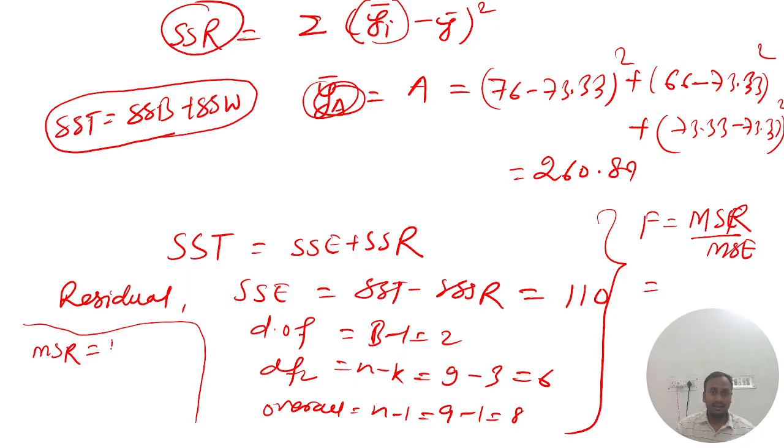MSR will be obtained from SSR by its degrees of freedom. How will you get the degrees of freedom? You have the 6. No, we have 2, because there are 2 groups.